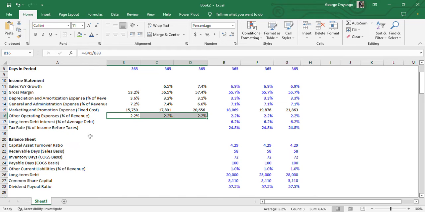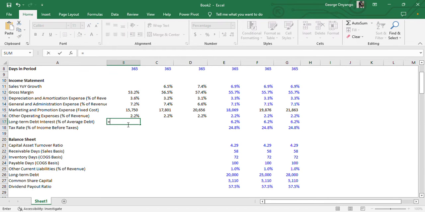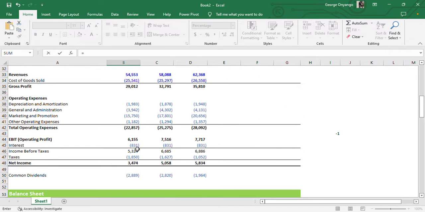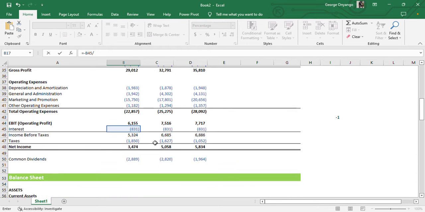Then we have long-term debt interest, as a percentage of average debt. This is the interest here, then as a percentage of average debt.